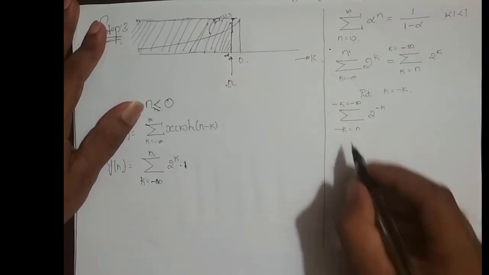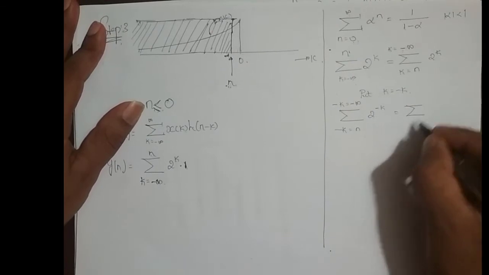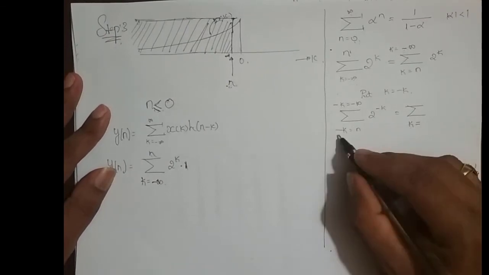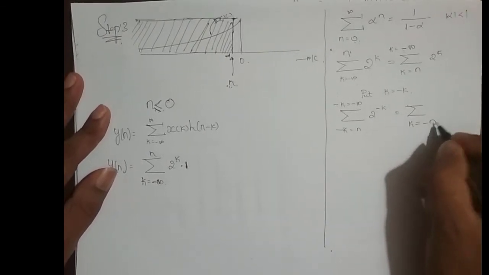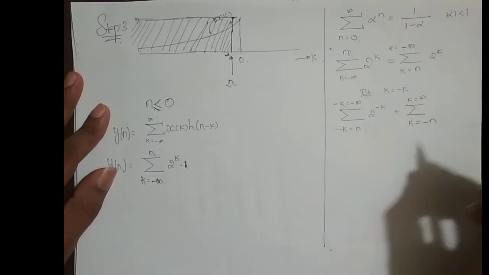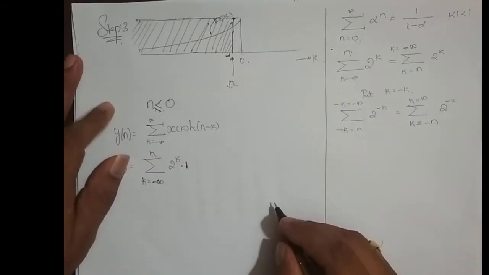Fine. So now I'll write it in terms of k. So what happens? Summation k is equal to, so this minus goes to the other side, minus n, and this minus minus cancels out. K is equal to infinity. Okay. So 2 power minus k. Fine.